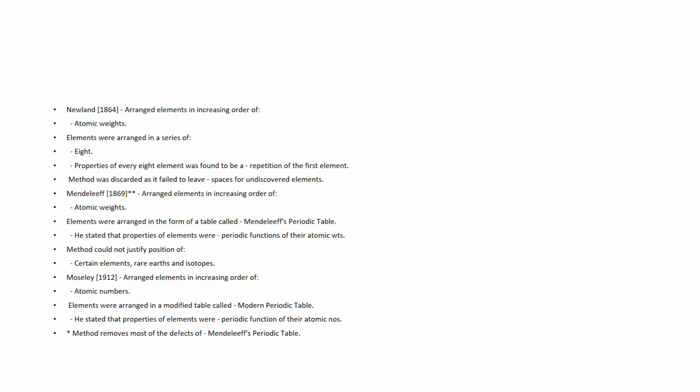So let's move on next to Newland. He arranged in the increasing order of atomic weights, and he repeated every element after a series of 8. So he took the musical note as his reference. As you all know, sa, re, ga, ma, pa, da, ni, sa, and then it starts from sa again.